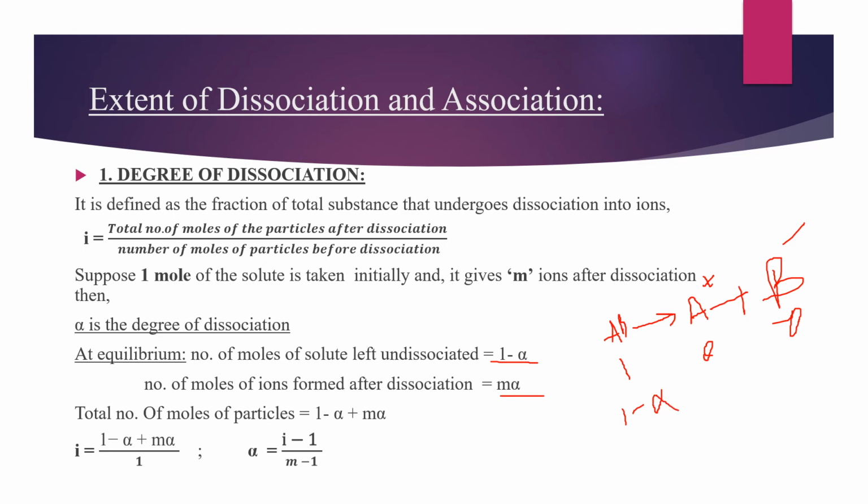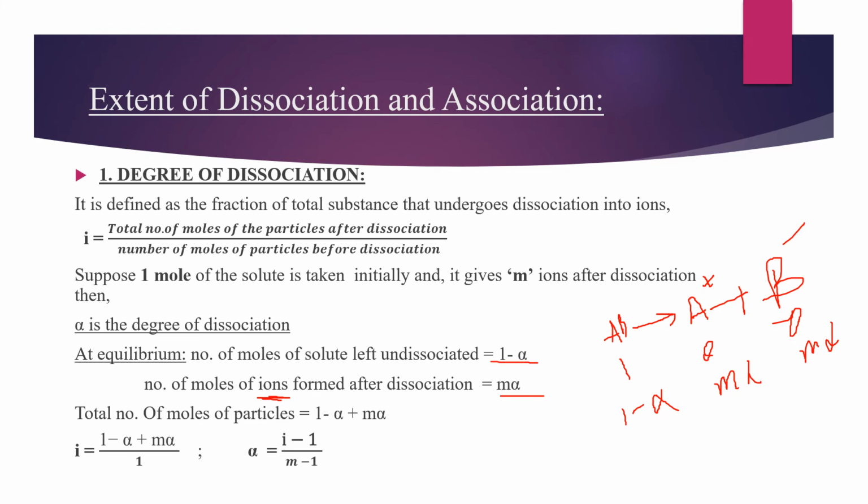Since alpha is the degree of dissociation, it becomes 1 minus alpha, and the ions will each be m alpha. And if I talk about only one part, that is the formation of A positive, the number of moles of ion A positive formed after dissociation is m alpha.